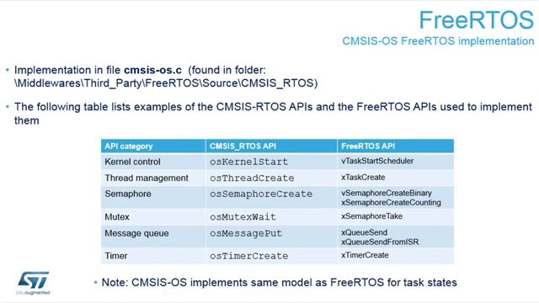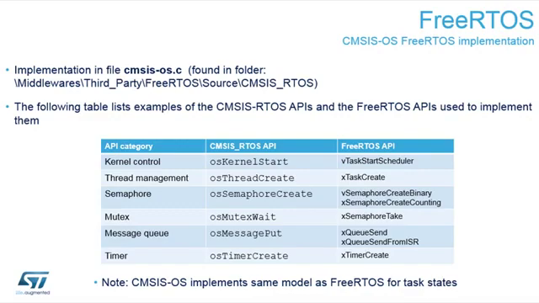Now we can see the implementation in the cmsis_os.c file and where to find it. And you can see the examples of the differences between the native API of the FreeRTOS and the CMSIS RTOS counterpart. One big advantage of the CMSIS RTOS is that it's more readable.